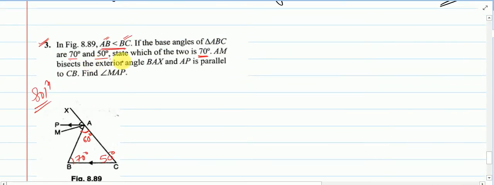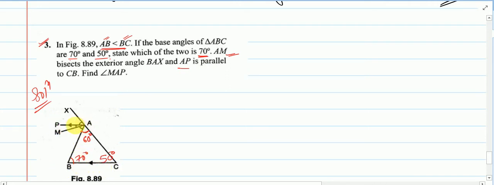And next it's saying that AM bisects the exterior angle BAX. That means this whole angle is getting bisected by AM. And AP is parallel to CB.